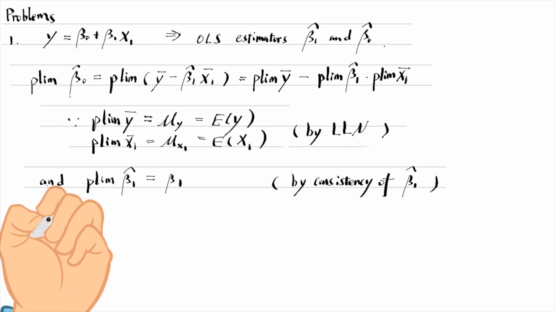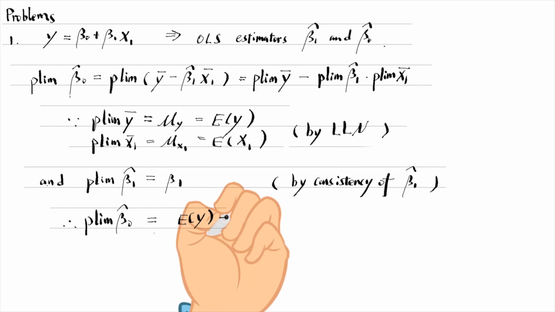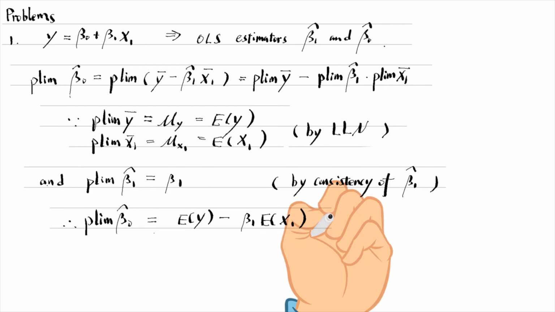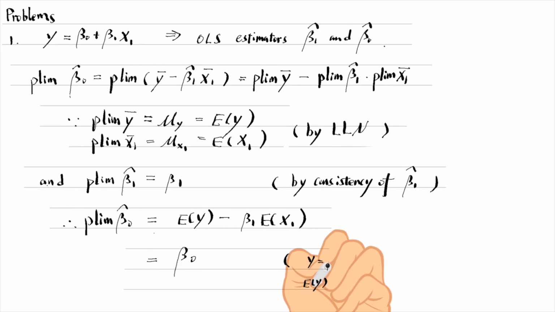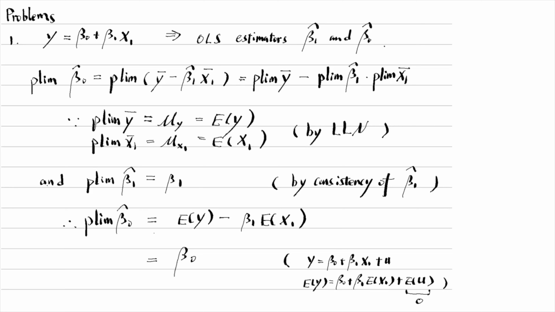Put all these into the expression, and we have the probability limit of the intercept estimator equals the expectation of y minus beta 1 times the expectation of x1, which is the beta 0, since we assume the expectation of the error term is 0 under the Gauss-Markov assumptions.